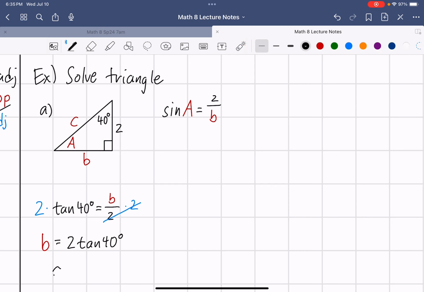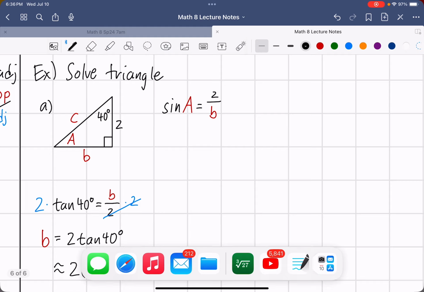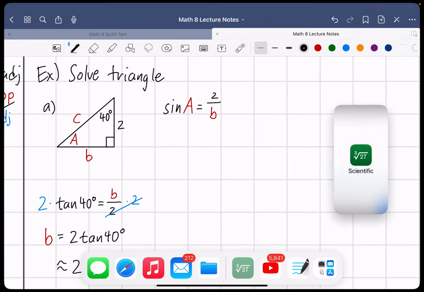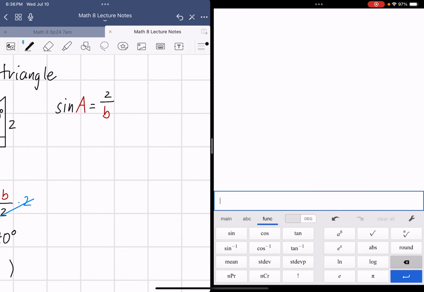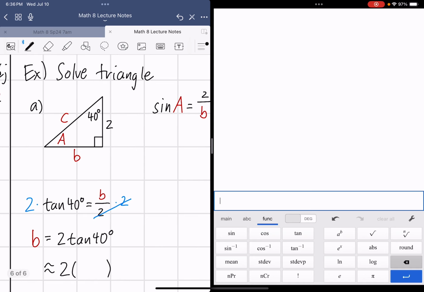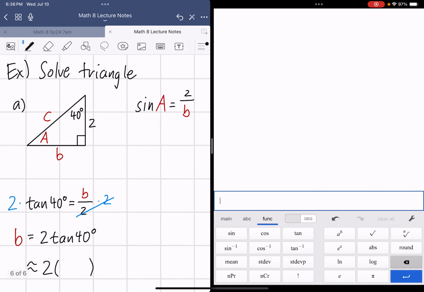And of course, it's going to be an approximation. So the approximation is going to be 2 times, and luckily I can pull up my calculator right next to my problem.